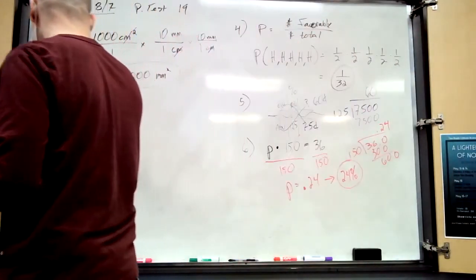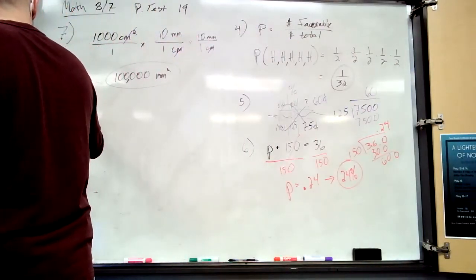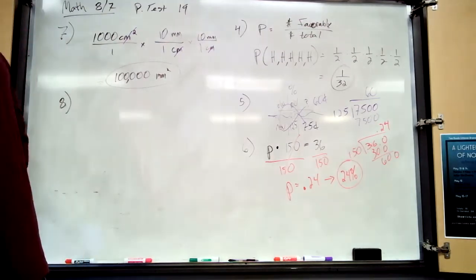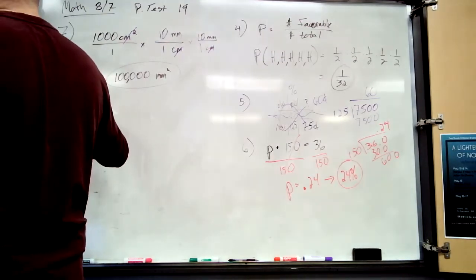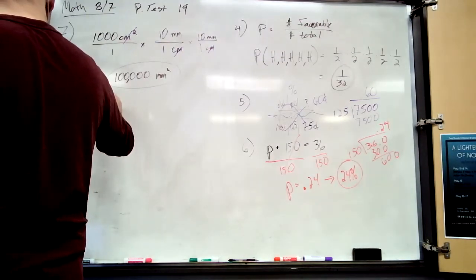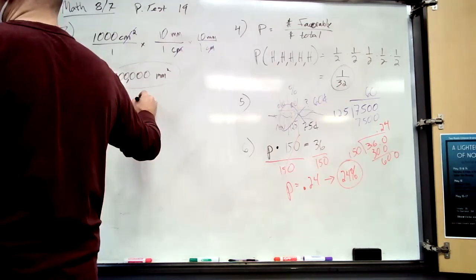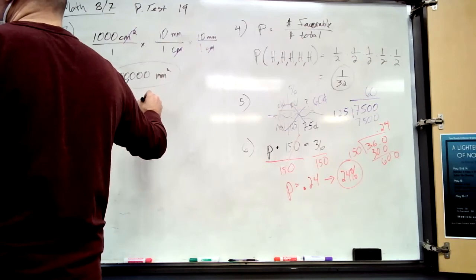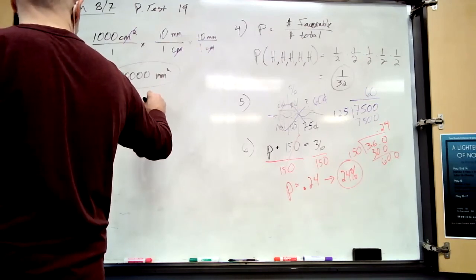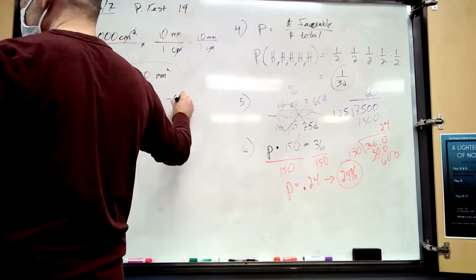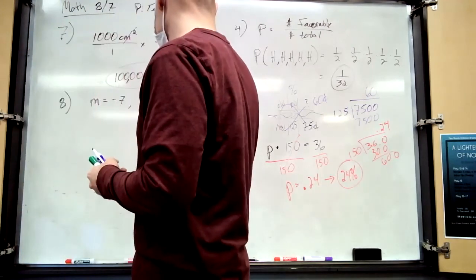Okay, good. Number 8 says if m equals -7, what is n if n equals -6m? Well, m is -7.